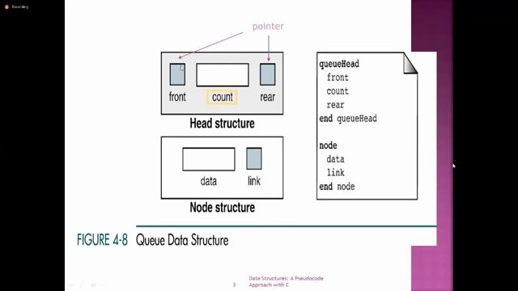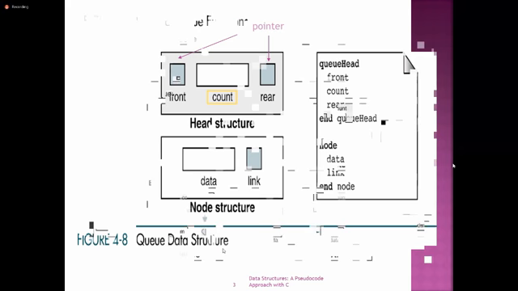The topmost structure represents the head structure. Then the other structures represent the node structure. The head always has the counting value of the queue elements.